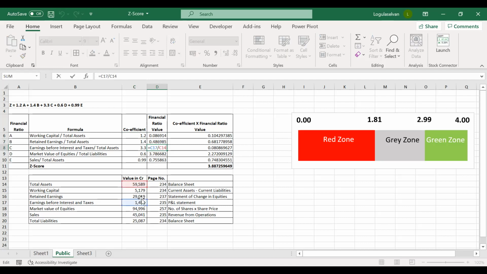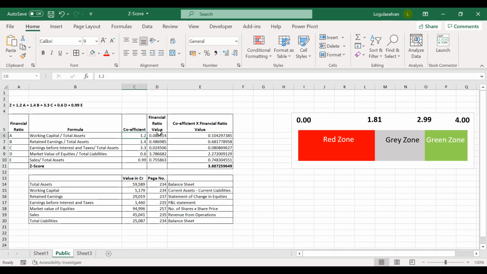The third one is earnings before interest and taxes by total assets. The fourth one is the market capitalization, or market value of equity, divided by total liabilities. The last one, the fifth, is sales by total assets. So I have calculated the financial ratios also.